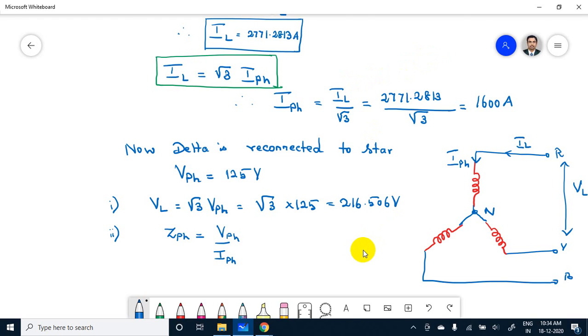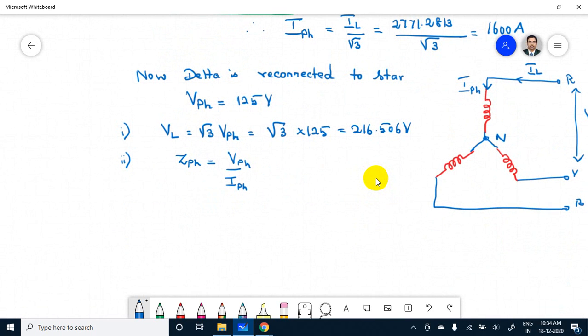From this we can write I phase is equal to V phase by Z phase. V phase, which we already measured, is already there. How much is I phase?